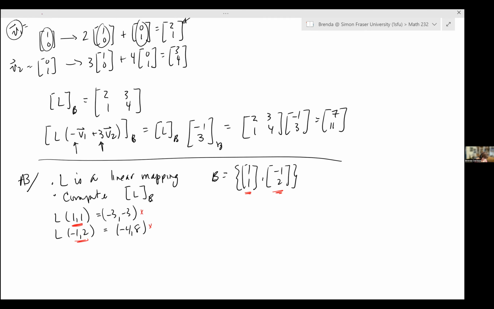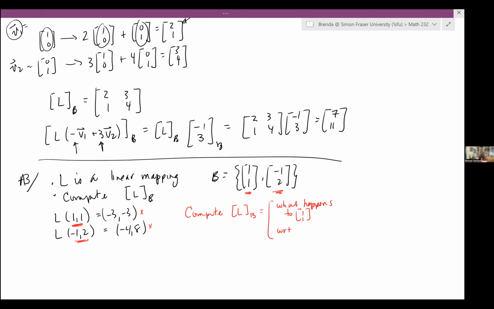Okay, so what I now need to do is figure out, what I wanted to do here is compute L of B, and the columns in there are right here. What happens? The first column is what happens to 1, 1, but it's not just what happens to 1, 1.